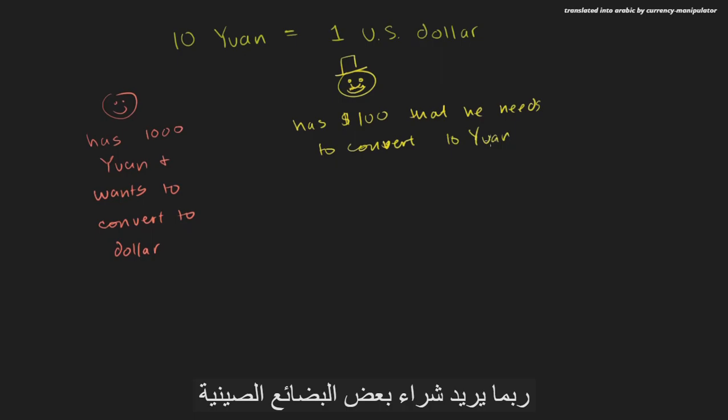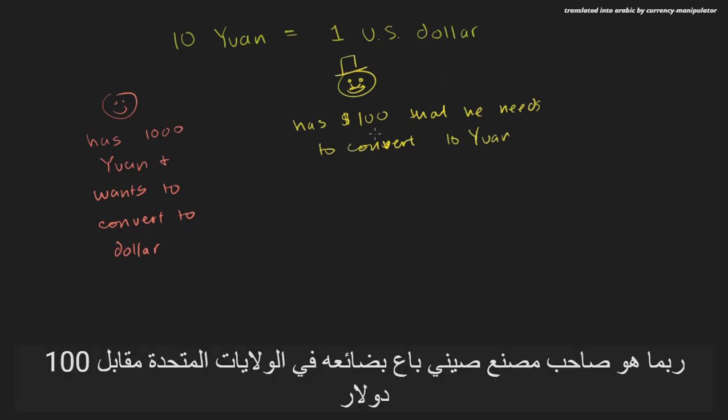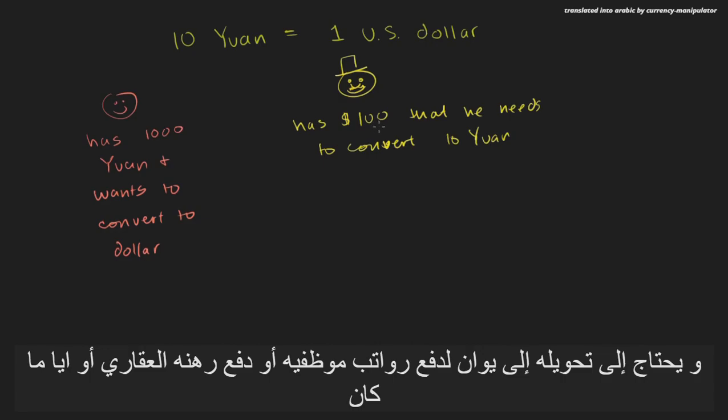Maybe he wants to buy some Chinese goods. Maybe he's a Chinese factory owner who sold his goods in the US for $100, and now he needs to convert it back to yuan to pay his employees or his own mortgage or who knows what.